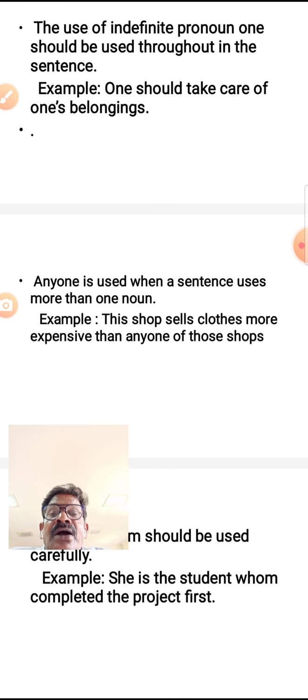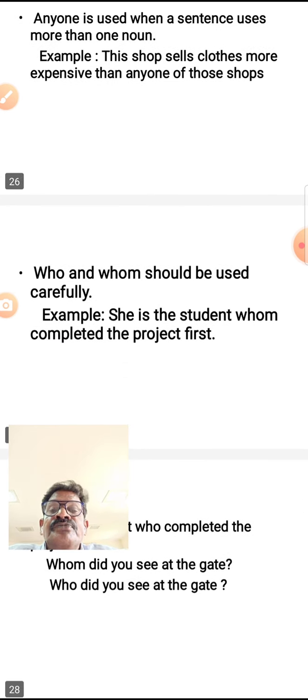And then anyone is used when a sentence uses more than one noun. Look at the example. This shop sells clothes more expensive than any one of those shops.